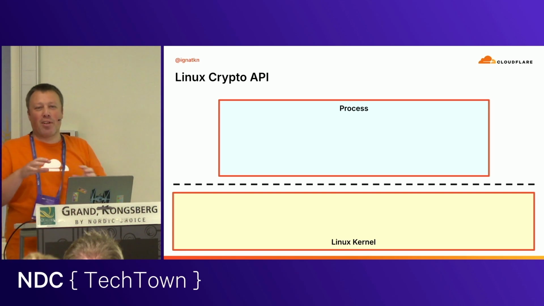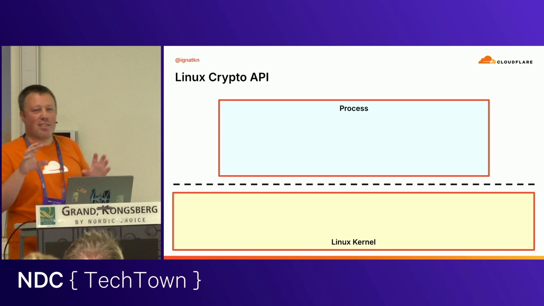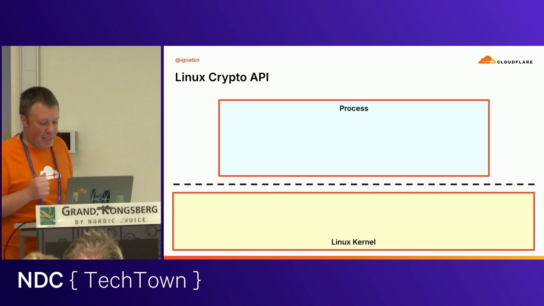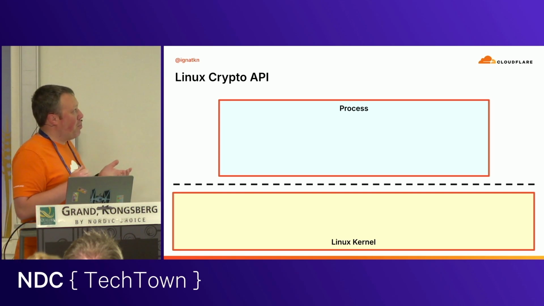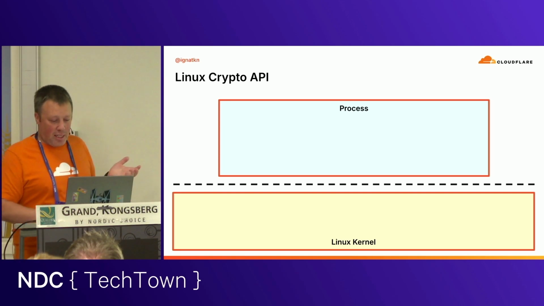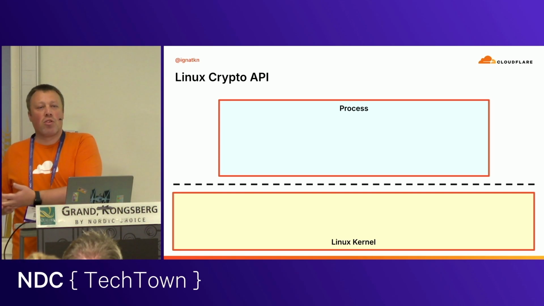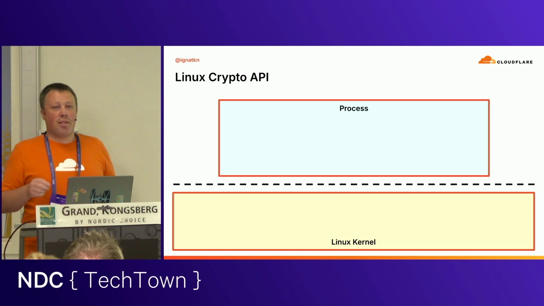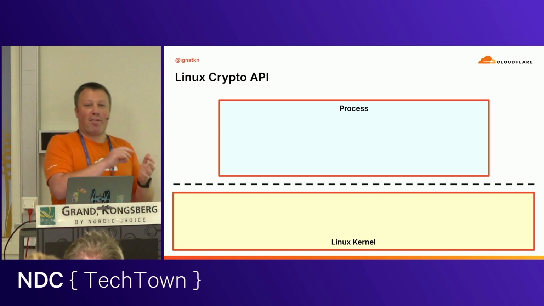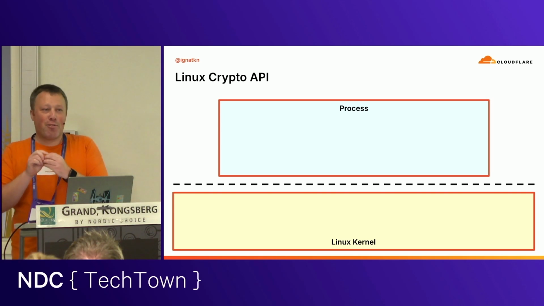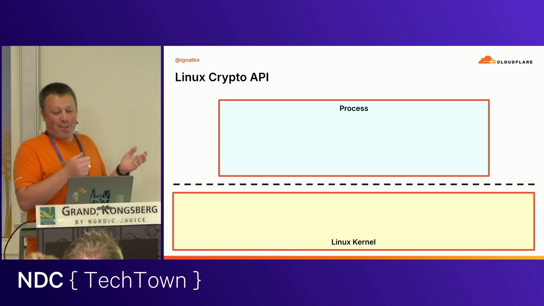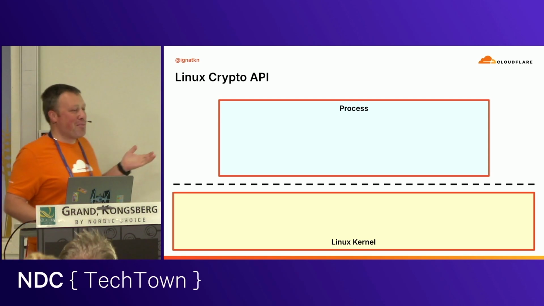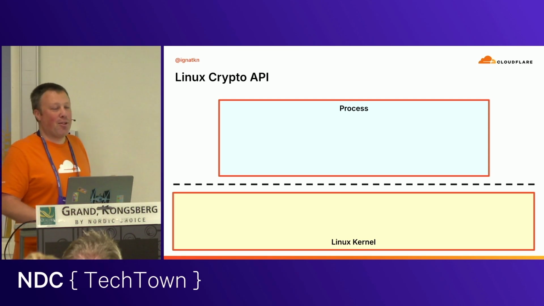They work together, but they're not part of the same subsystem, and they have different maintainers. The Linux Crypto API is interesting in the sense that you can use your Linux kernel as a crypto library. Let's say you're running on a very low-end device where you only have Linux and your application and you cannot even afford to link OpenSSL. You can ask the kernel to do encryption for you without having any crypto code in your application.